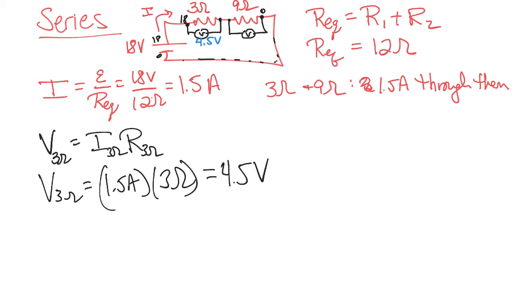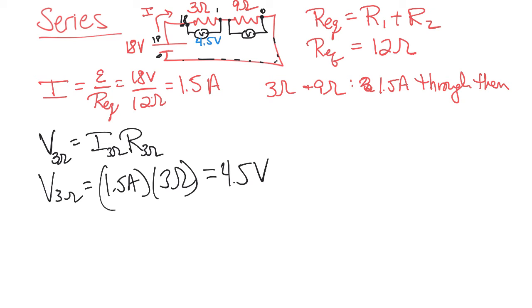So there are 2 ways that you could figure out the voltage across the 9 ohm. Can you think of them? One way is that if this right here is 18 and there's a 4.5 volt drop, then you know that the potential here is 18 minus 4.5.